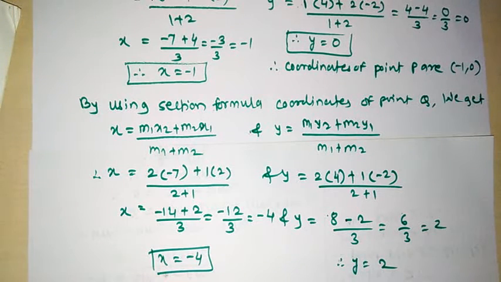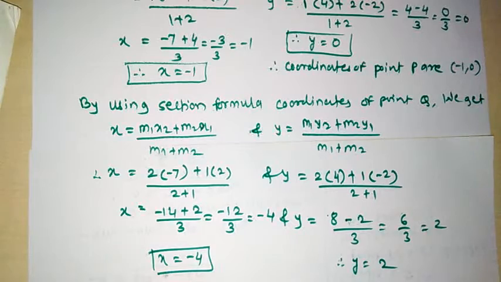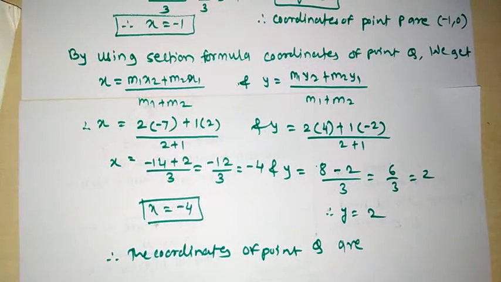Therefore the coordinates of point Q are minus 4 comma 2. This much only we want. We have to find here what are the coordinates of point P and point Q only. Therefore we got here the answer.